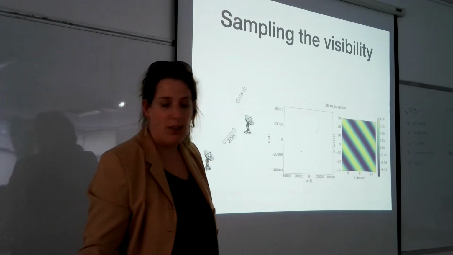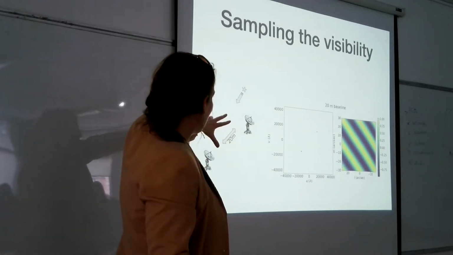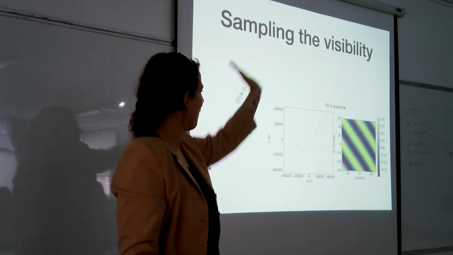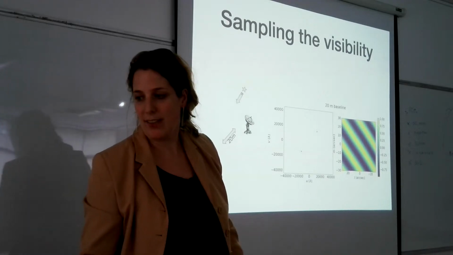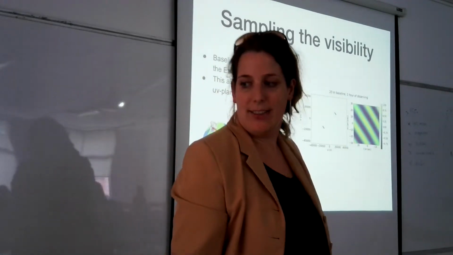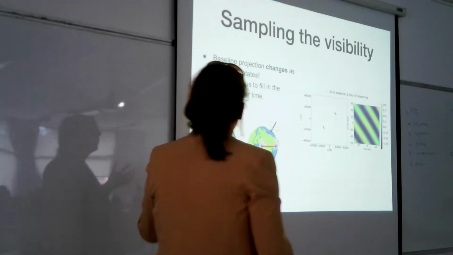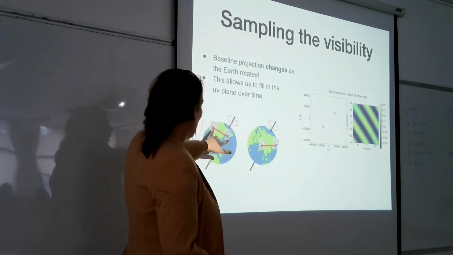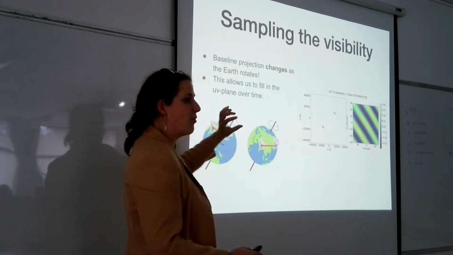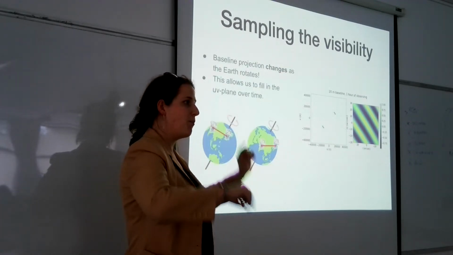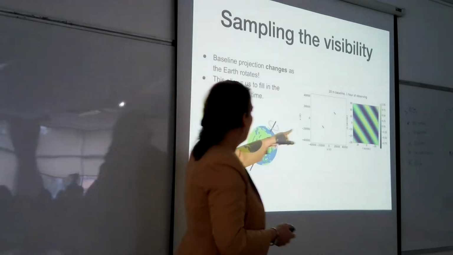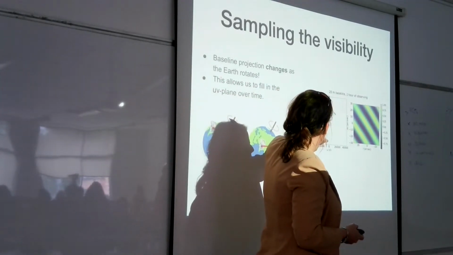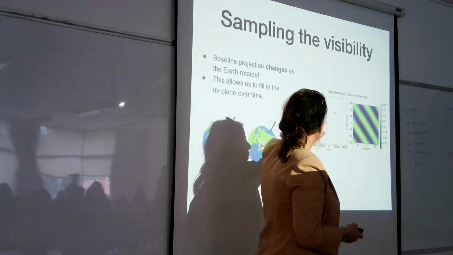If we rotate the antennas, your UV sampling also gets rotated, and this is actually something that we can use because the Earth is rotating. So it's not just how the antennas are with respect to each other when they're fixed in place, but also while the Earth is rotating, you start to cover multiple UV points.